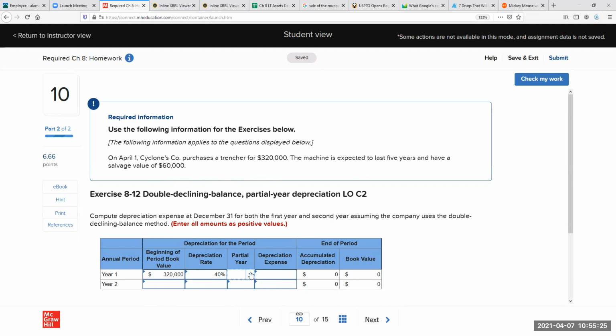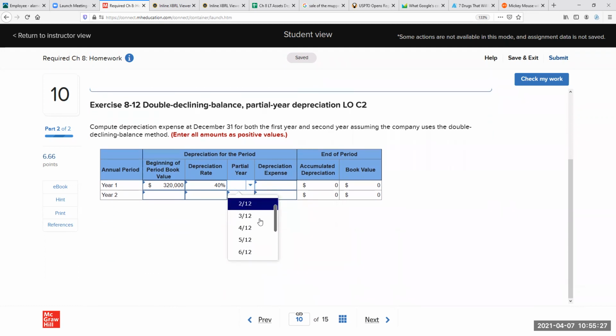Yeah, they buy it in April. What's the partial year? Is that 3 12ths? No, it's 9 12ths of the year. So there you go. That's how you get the depreciation: 320 times 0.4 times 9 12ths of the year. That'll give you your accumulated depreciation expense. And this cost minus your accumulated gives you your book value, and your book value is what you start off year 2 with.